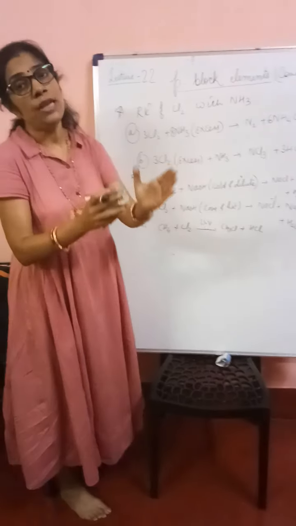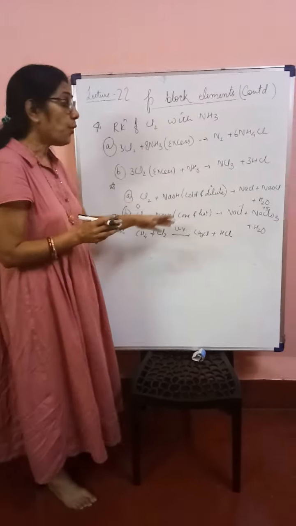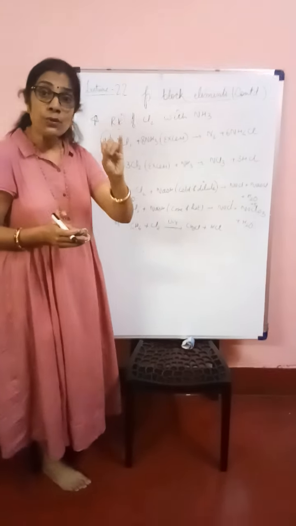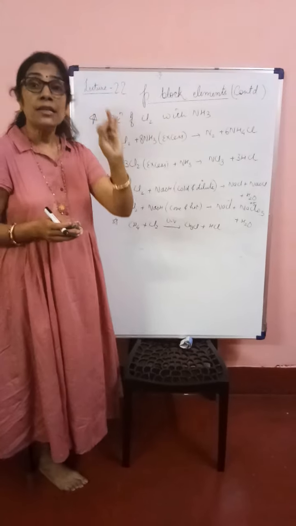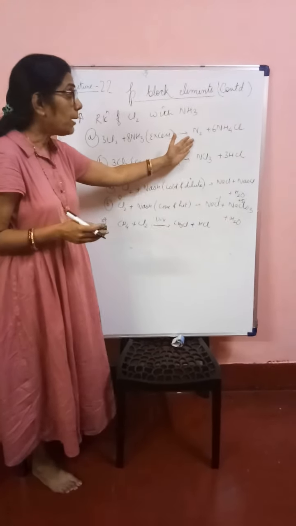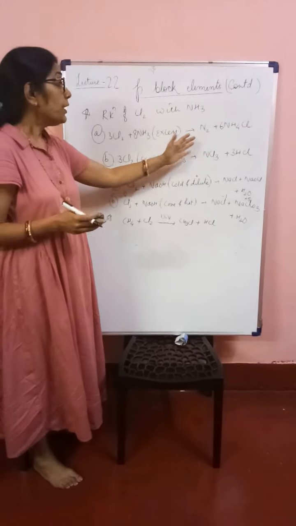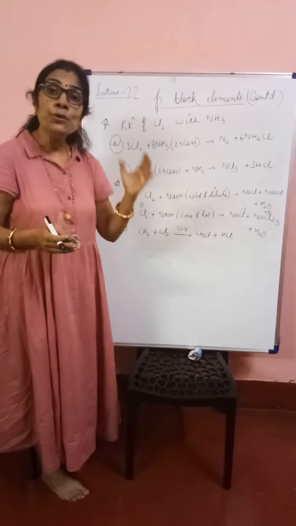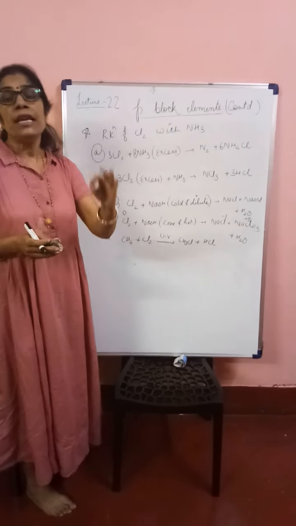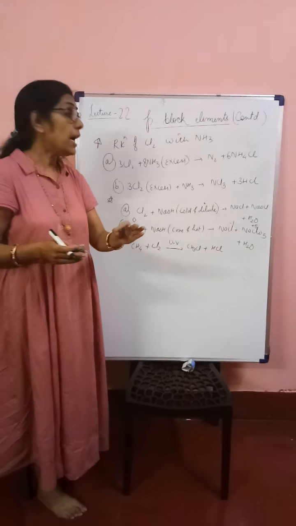Ferrous sulfate oxidizes to ferric, and so on, sulfite to sulfate, nitrite to nitrate. So it acts as an oxidizing agent and as a bleaching agent. In organic chemistry, it is used for the preparation of chloroform, then DDT, then carbon tetrachloride, and so on.